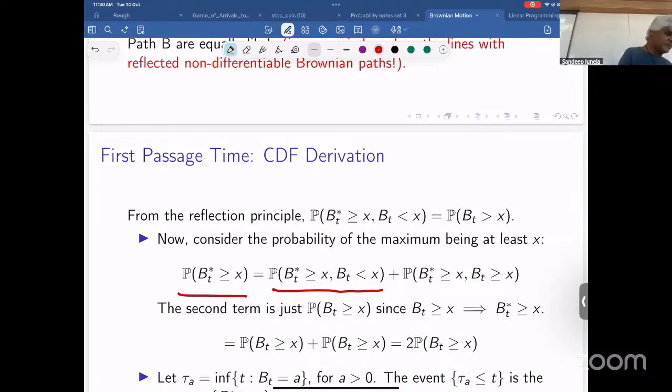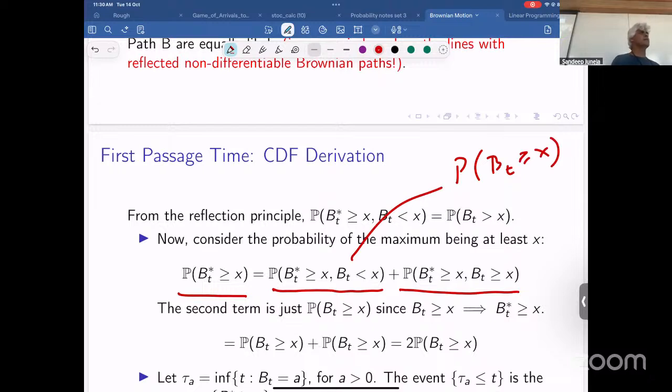I've just decomposed this into two events. What we've shown is that this quantity here is the probability of BT greater than or equal to X. Because once you've crossed X, whether you go up or go down has equal chance. So the fact that you were down is the same as the fact that you were up.